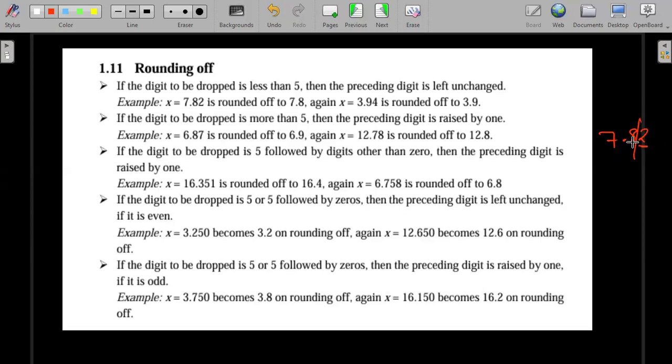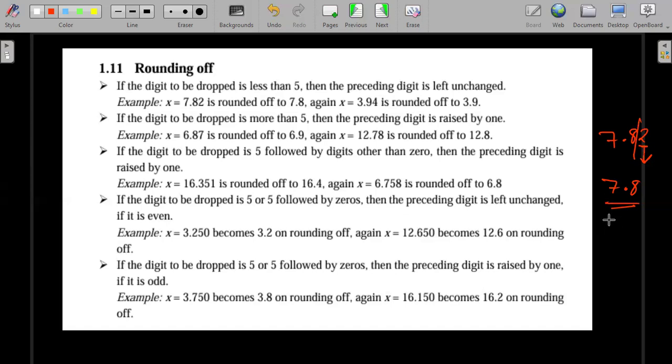Anything that is less than 5, we need to drop it without adding anything to the other number. So we end up having 7.8 like that. That's what you do if you are required to leave your answer to 2 significant figures in that case.